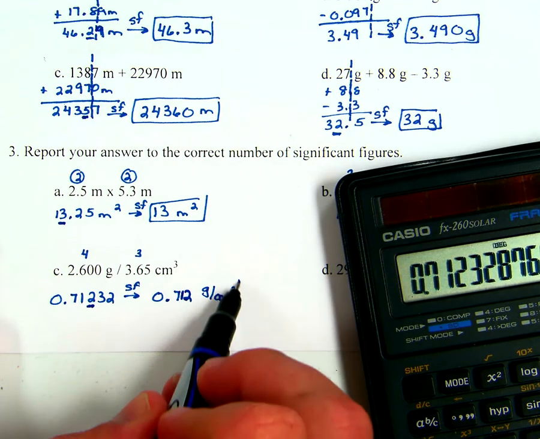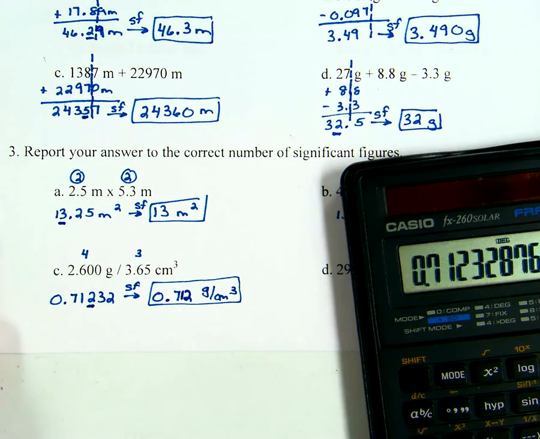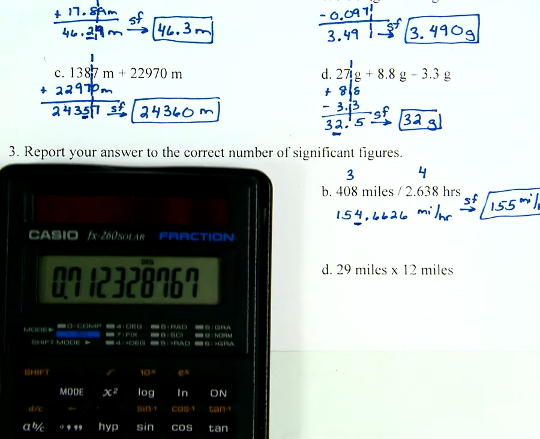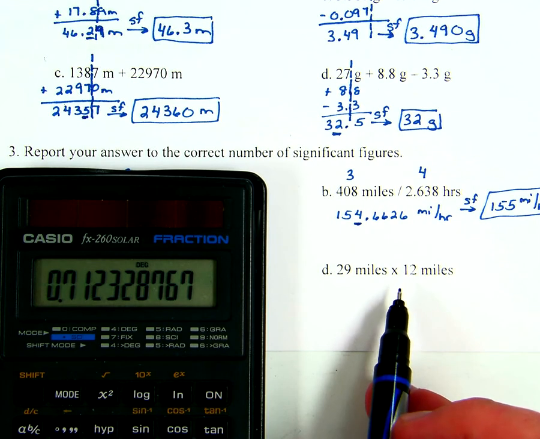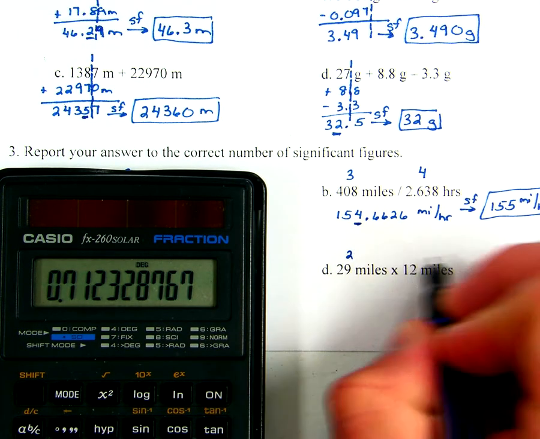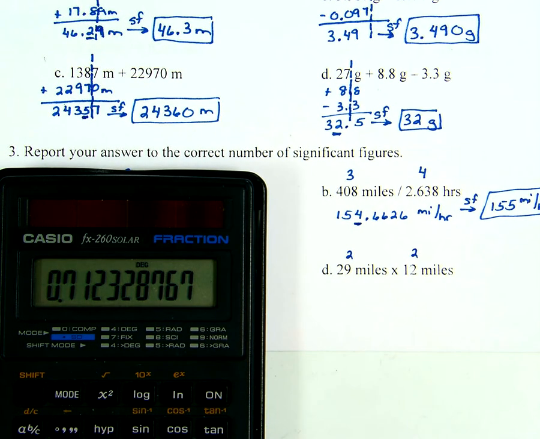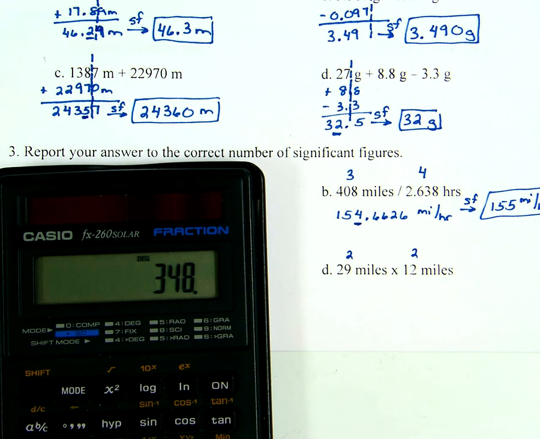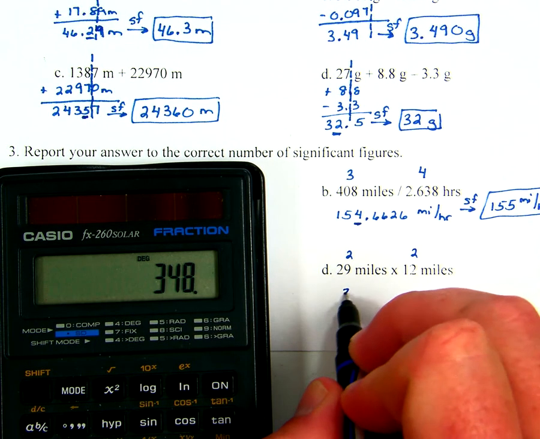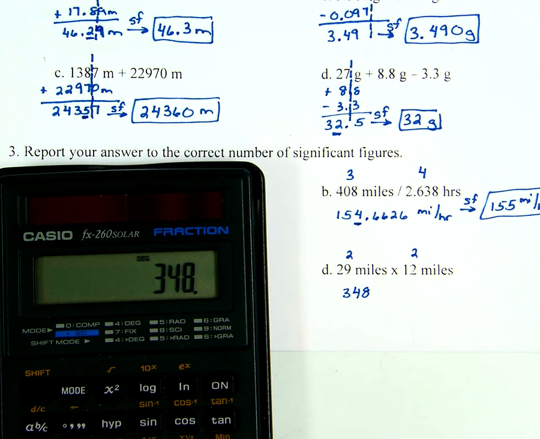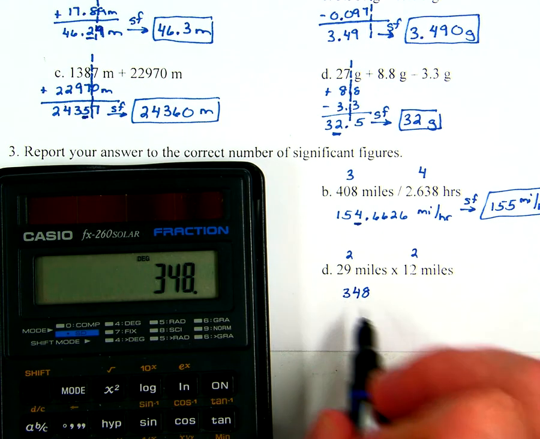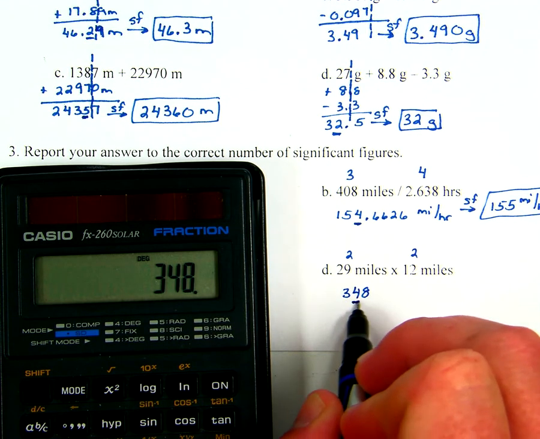Alright, last example on the multiplication division. Here I have another multiplication. Both of these are 2 sig figs, 29 times 12. So 29 times 12, your calculator tells you 348. I only get 2 sig figs though, so counting from the left, 1, 2. I'm going to have to round this to the tens place.